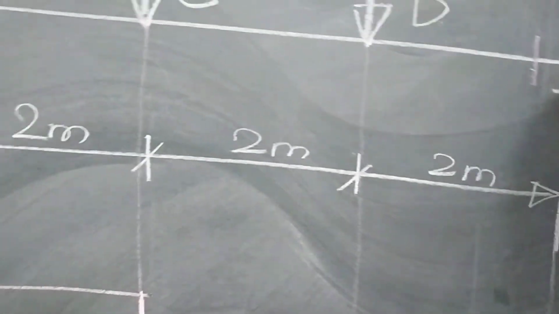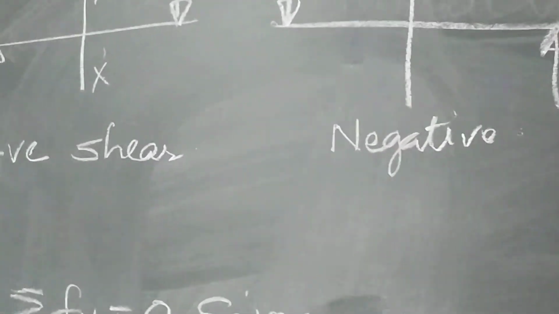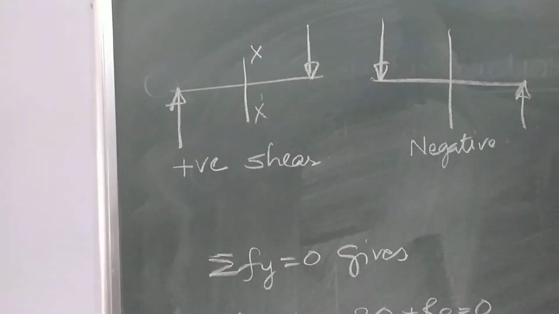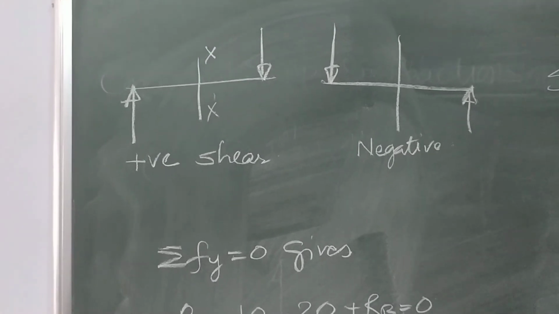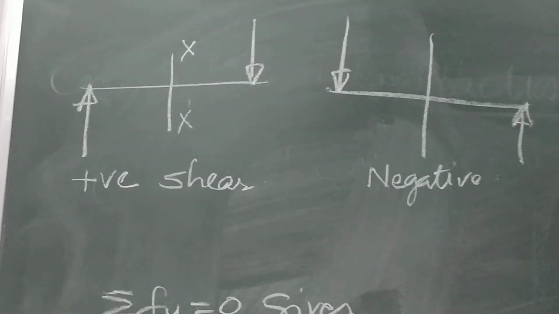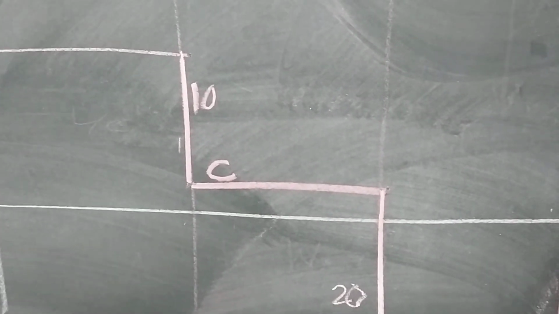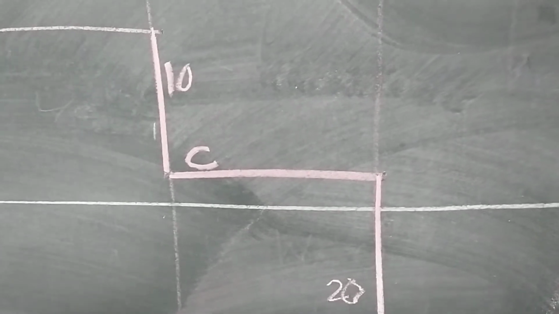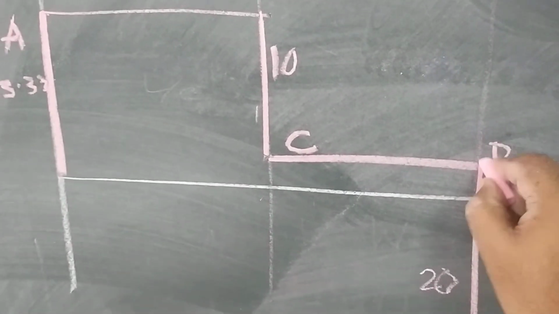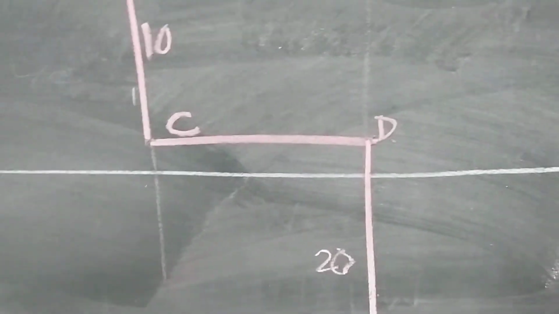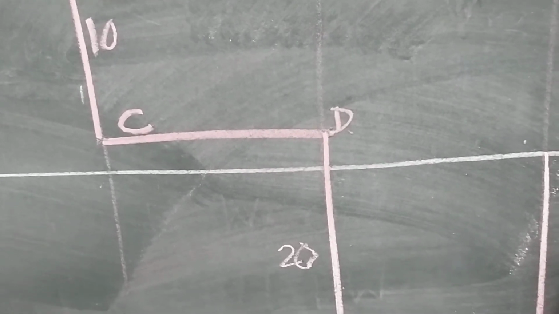See our theorem is what? Towards right, I have taken the sign convention and written it down in a very short scale. So towards right it is negative. Negative means below this line. So this is point B, this is point D, this is 16.67.